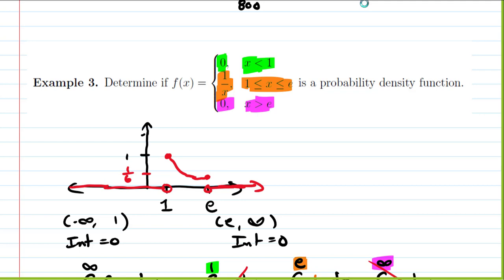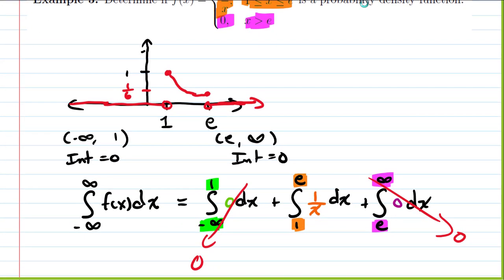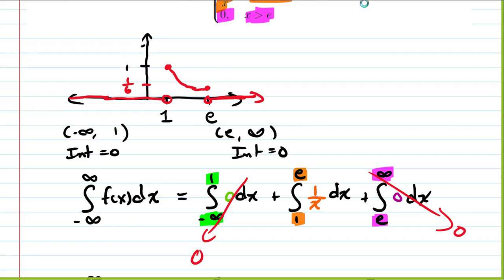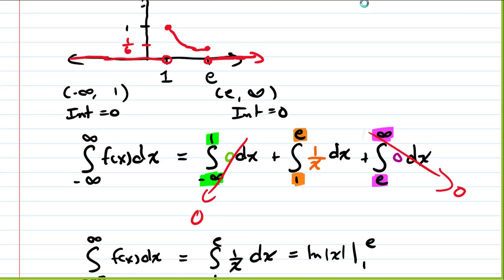It's just between 1 and e. But as long as it's finite, we'll always be able to do these integrals fairly easily. We can do them when it's infinite, because we know how to evaluate improper integrals. They tend to make things a little more complicated, but they can be done. So we like these types of functions because they're a little bit easier to work with. But as we'll see in some other examples, they won't always have this nice compact support.